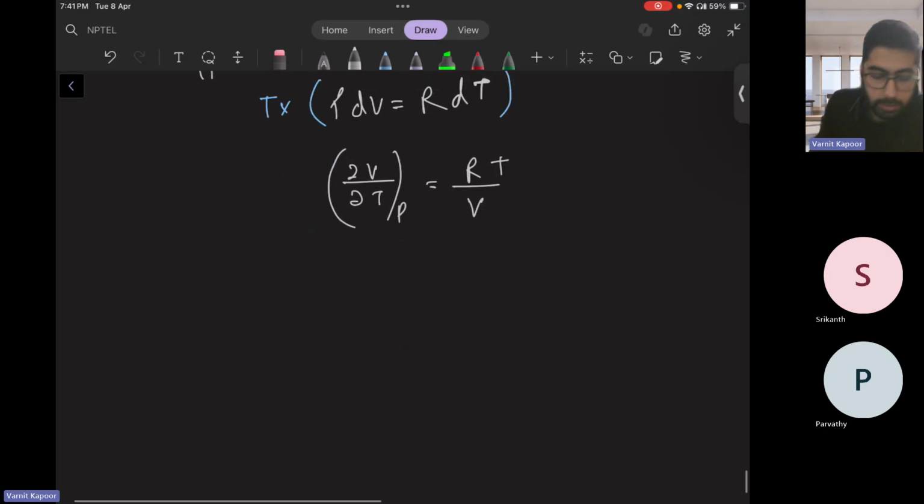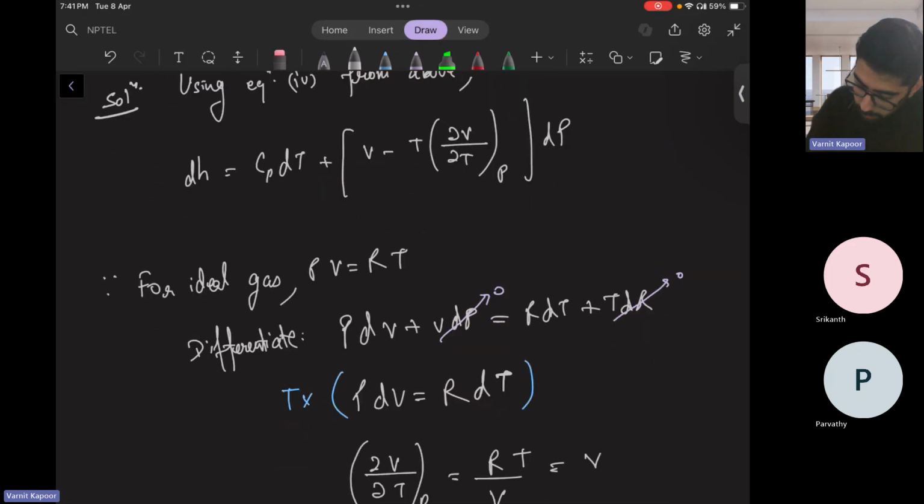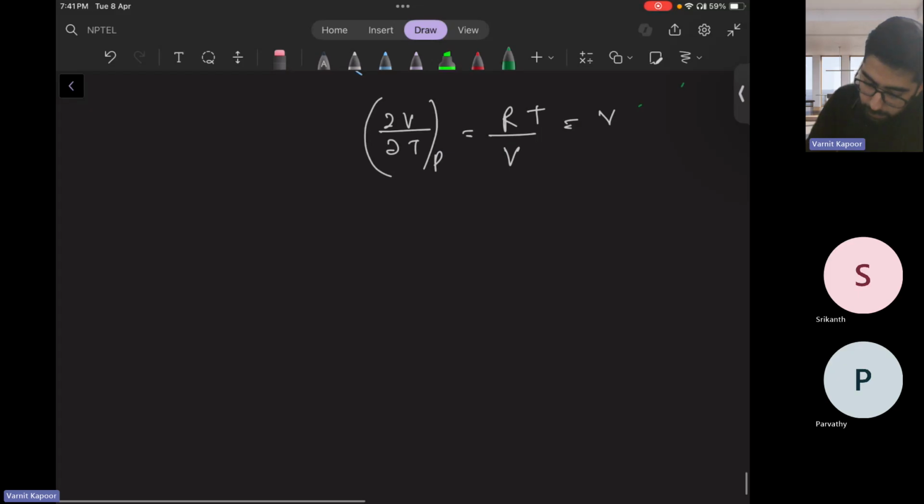So this is RT by P, that is nothing but again volume, as you have seen. So put this expression in here, dou V by dou T at P.